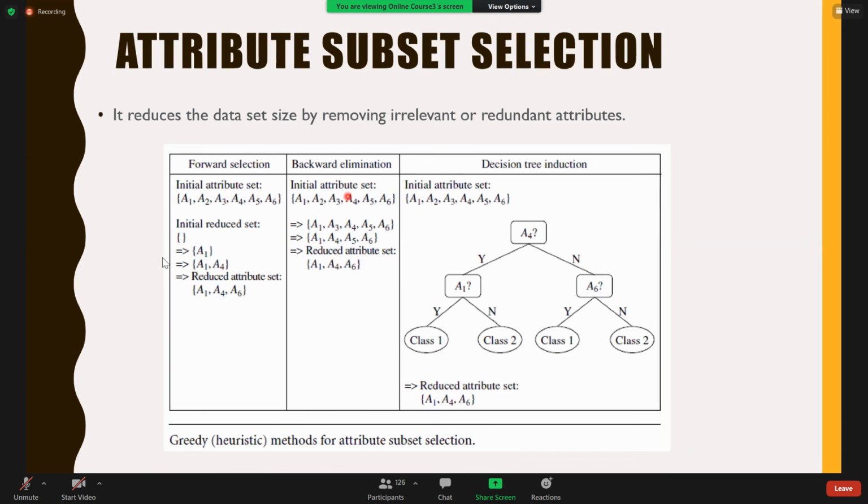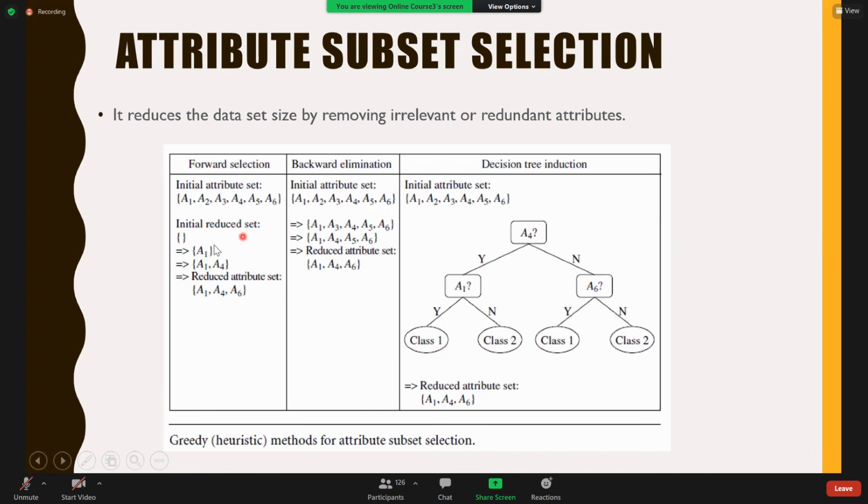According to forward selection, the output will initially be empty. All these are iterative approaches. Initially, the reduced set will be empty as shown here, and at every step, we find the best attribute and add it to this output.